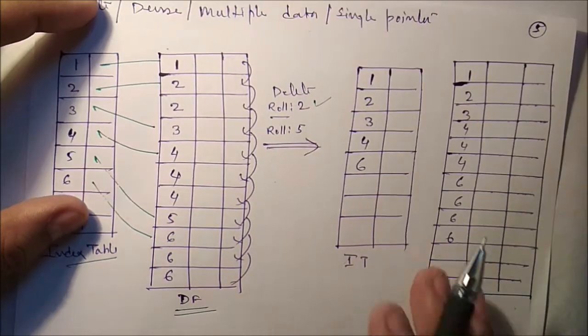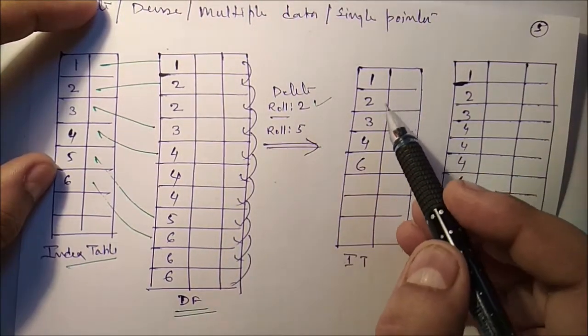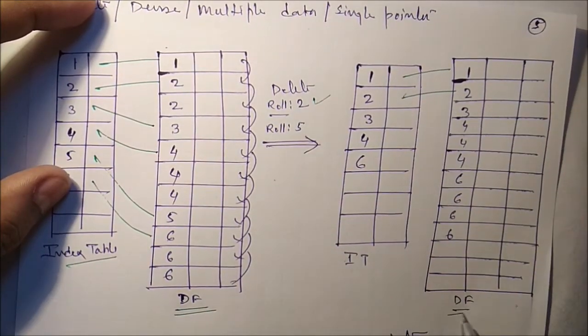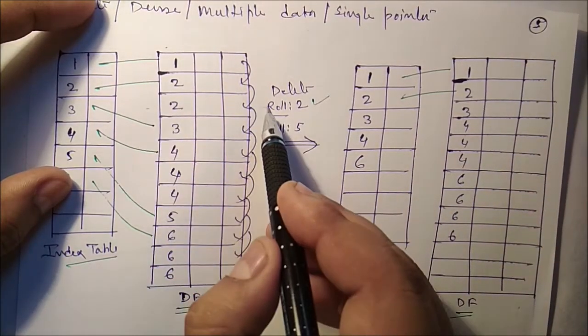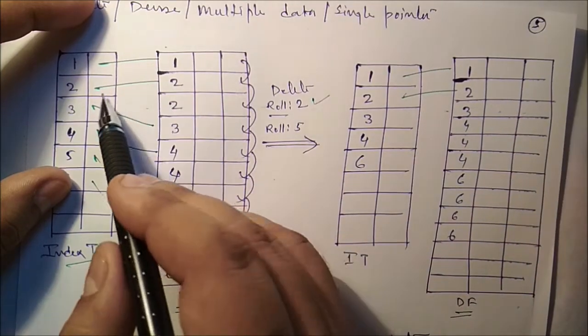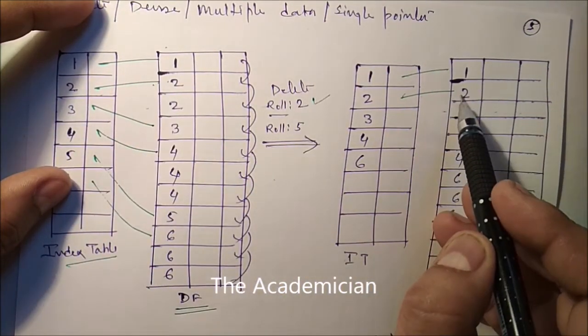Here there is no change in the index, since roll number 1 is there, roll number 2 is there. We only have to update the data file. Here you can remove this particular 2, so that entry is not there, but this connection is already present. Here you store the address of the first 2.